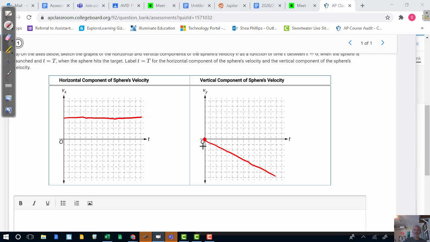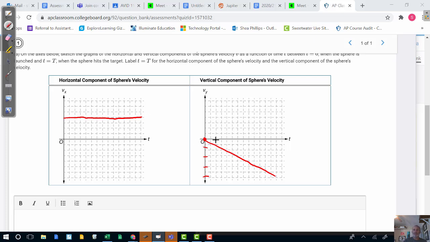So just for example, if we gave this values here, I'm not going to actually put these values on because for the AP test, you never want to add additional things just in case you get it wrong. But if I were to do it, think about it.